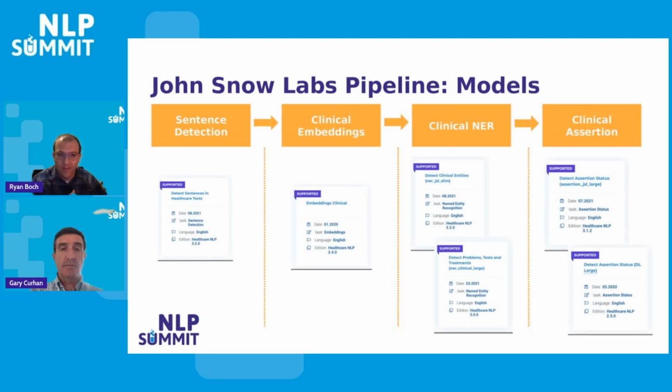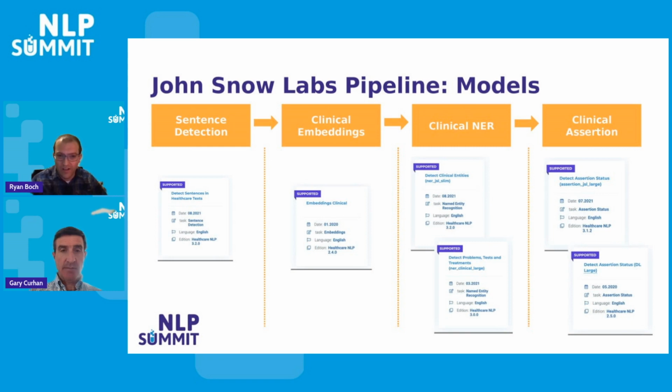But for now, I wanted to discuss that we did use the healthcare sentence detector. We explored the open source sentence detector, and when we spot checked it, we saw various examples of the healthcare sentence detector doing well here, but the open source may be doing better there. So it's honestly a tough thing to evaluate which sentence detector is the best.